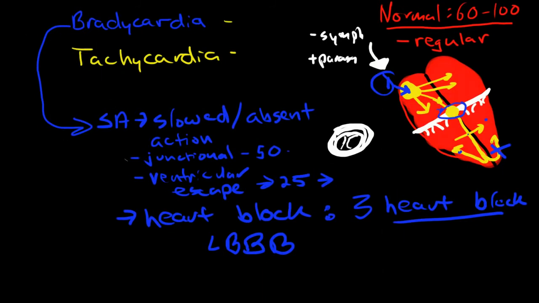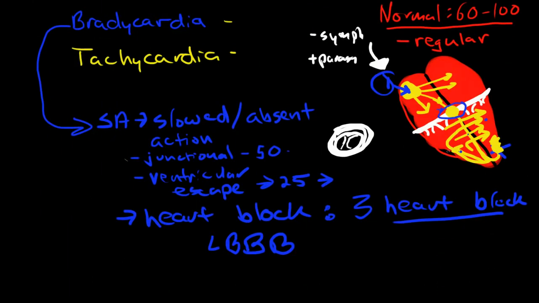However, if we have a complete blockage of the left bundle, we're not going to have any passage of conduction through the bundle branches to the left side of the heart. However, because there is no cartilage between the ventricles, what we get is action potentials moving from the right to the left.